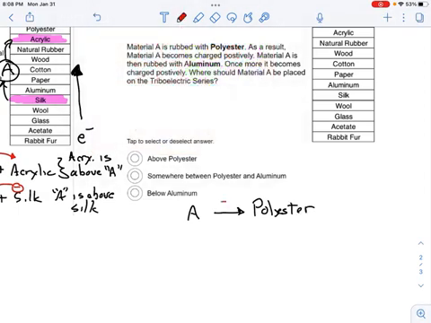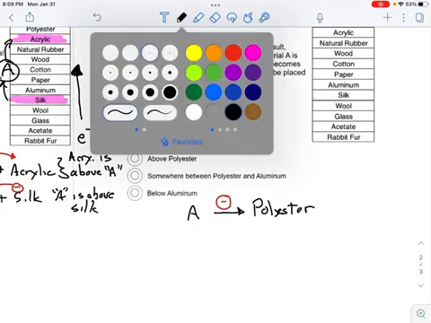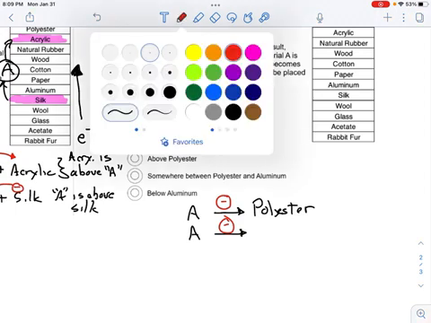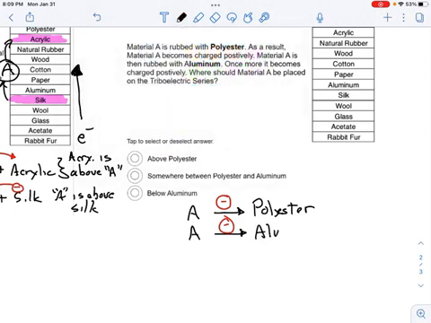So in this case, A gives up electrons to polyester, becoming positively charged. Now material A is then rubbed with aluminum. Once more, it becomes positively charged. Okay. That means it gave up electrons to aluminum.